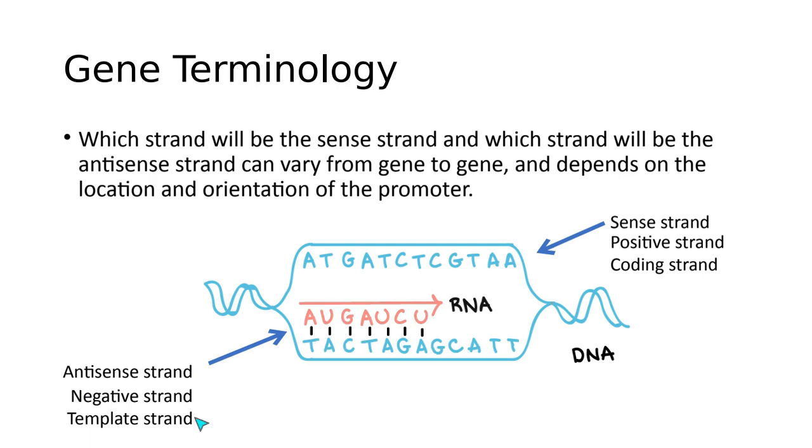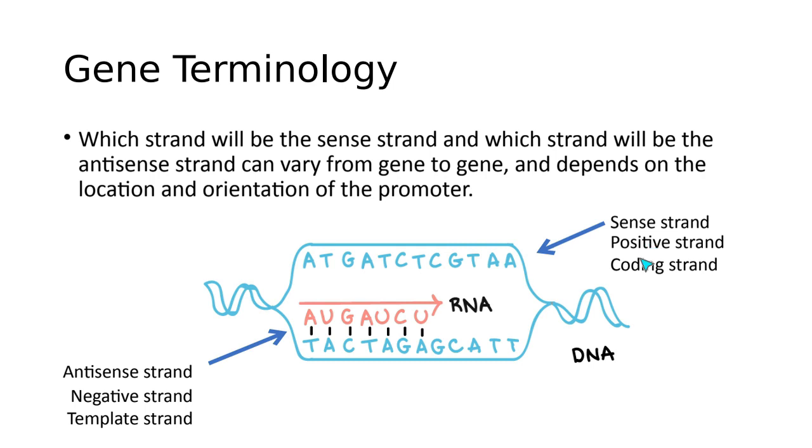Why three? It's because it's science and people have to just keep naming things. Antisense, negative, and template, all for the bottom strand here. For the top strand that's just hanging out, just dangling there: sense strand, positive strand, coding strand.